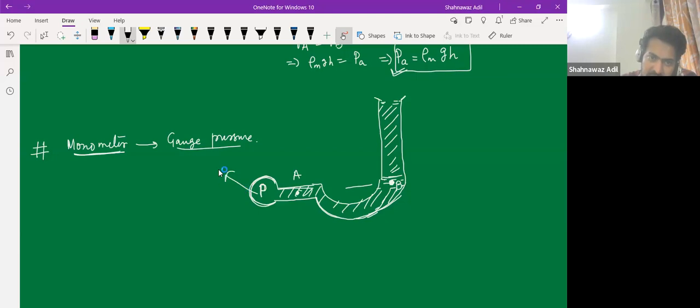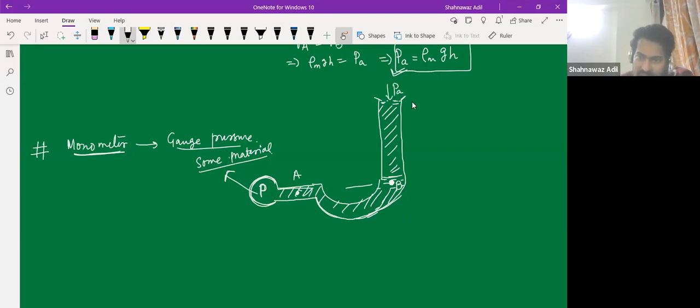This is some material, right? Some gases that we want to calculate. So this has some pressure P, and in here the pressure is atmospheric pressure, right?